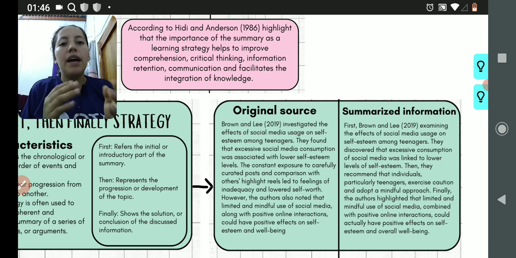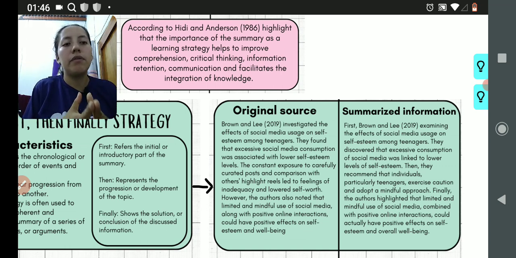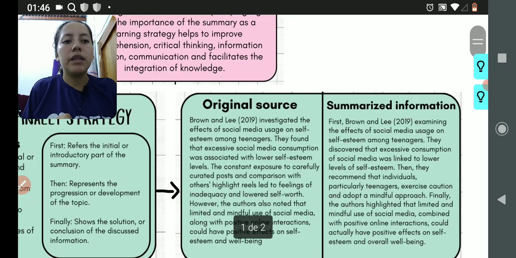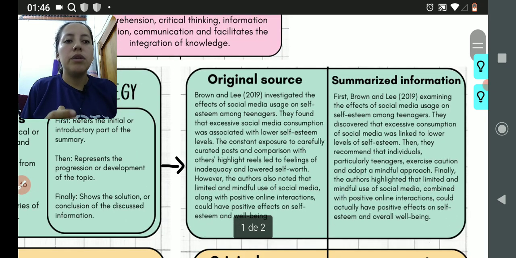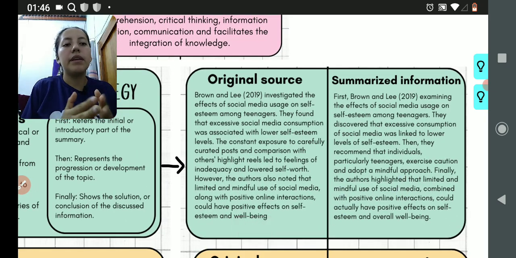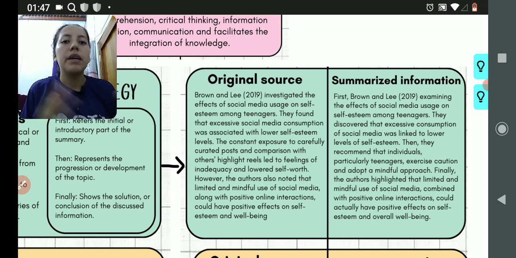And finally shows the solution or the conclusion of the discussed information. Finally shows that the authors identify that combining it with positive online interaction could actually have positive effects on self-esteem. Finally shows the solution of this topic.